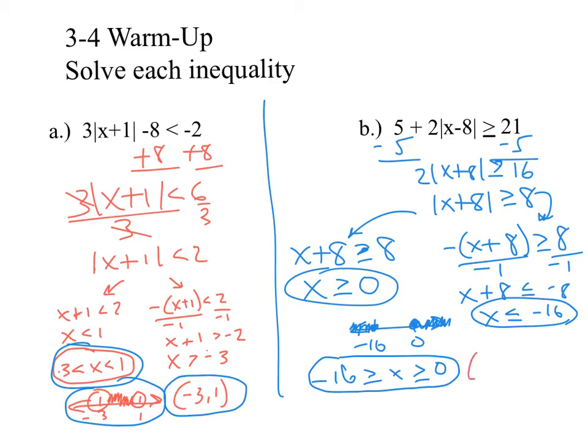So we're going to go all the way from negative infinity up to negative 16, not inclusive. Oops, nope, that's not true. I am including negative 16, so brackets, unioned with 0 all the way up to infinity. So a couple different ways that we can express that.